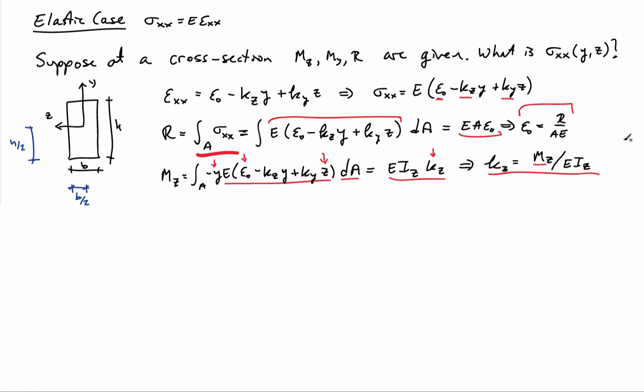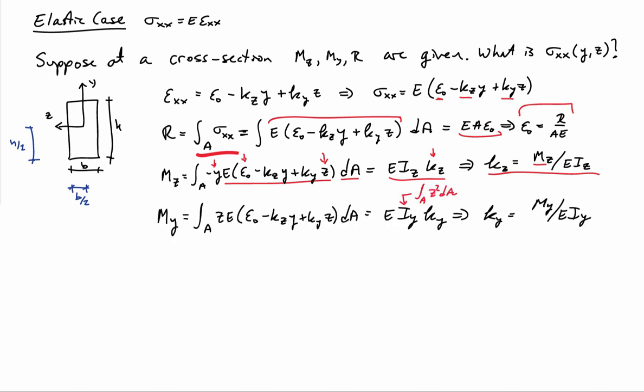We can step forward here and look at the moment about the y-axis. The expression for the moment about the y-axis is z times the stress. I can compute this integral, and if I do that, I get E Iy, the moment of inertia about the y-axis, times kappa y.